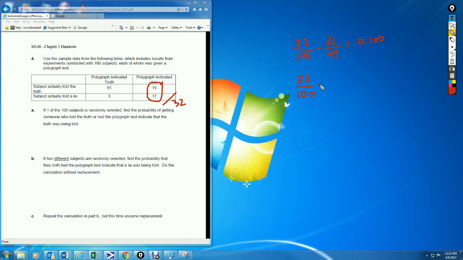So when I go to pick the second person, there's still 32 ways, and there's still 100 people in the bag. So the result of that calculation, if you do it, should get 0.102. So again, that's a slight approximation, but again, the only difference is in the third significant figure.